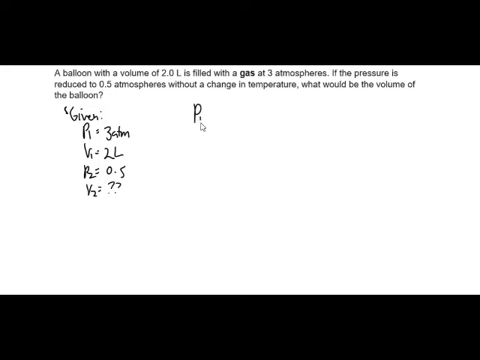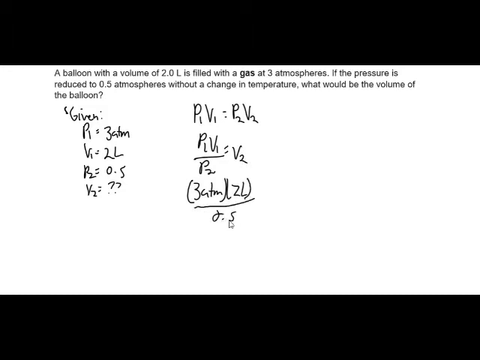So P1V1 equals P2V2, so V2 equals P1V1 over P2. Then let's input the values. 3 atm times 2 liters divided by 0.5.